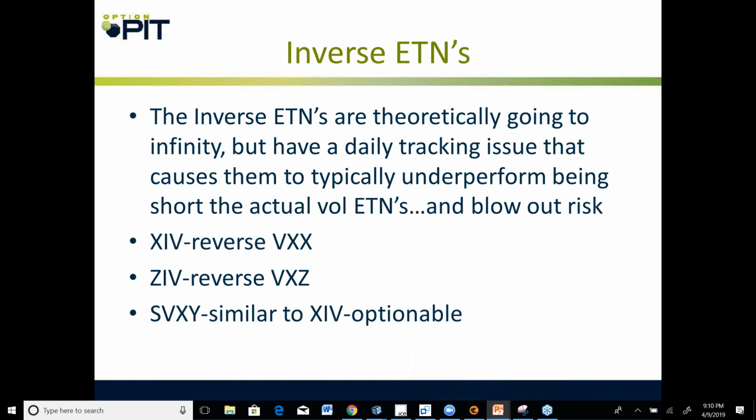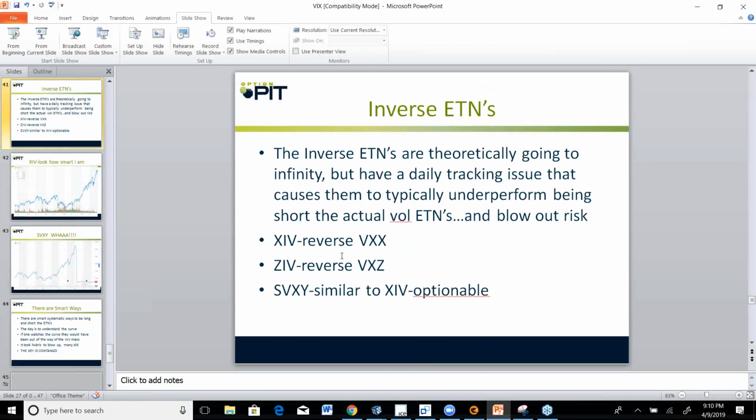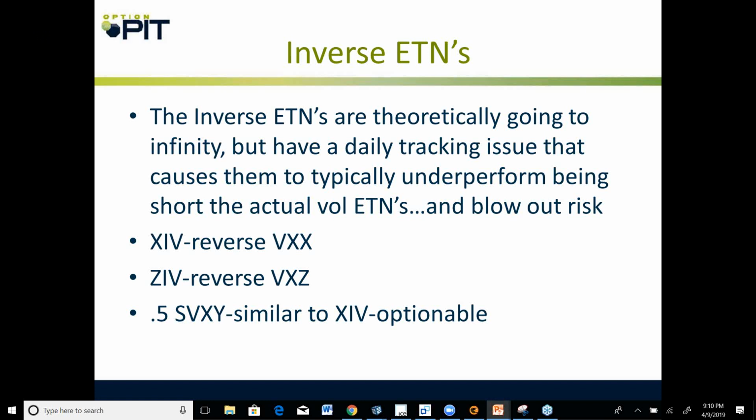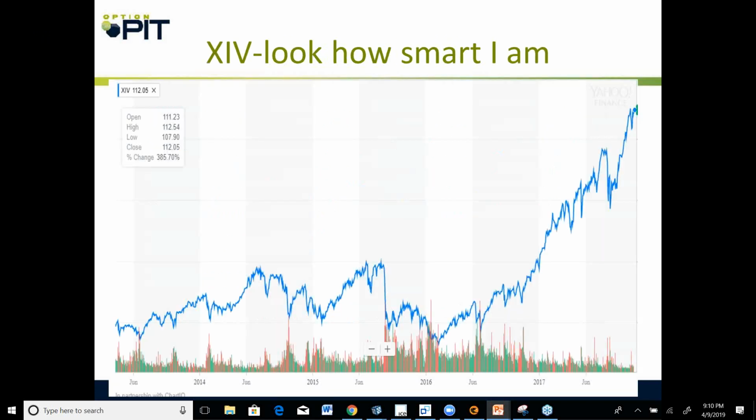Then there are the inverse ETNs, and I want to talk about this. You've got XIV, ZIV, and SVXY. And XIV is gone. So let's talk about what can happen with these. Look at XIV. Look how smart all these investors thought they were. Oh yeah, I bought XIV and I just waited on it.